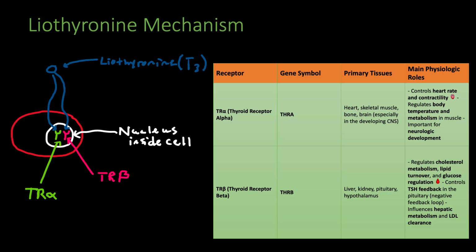So a lot of things in metabolism look like they're dealing with thyroid receptor beta. But again, overall, the thyroid hormone, the T3, is the main thing that will cause the action of all of these different functions.